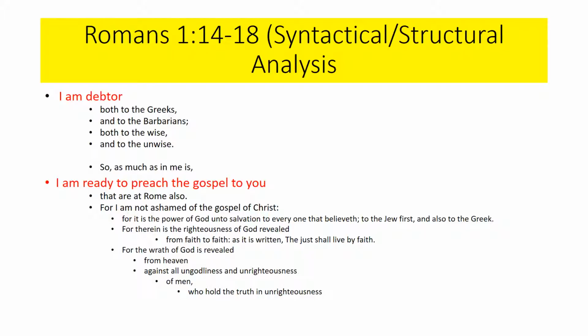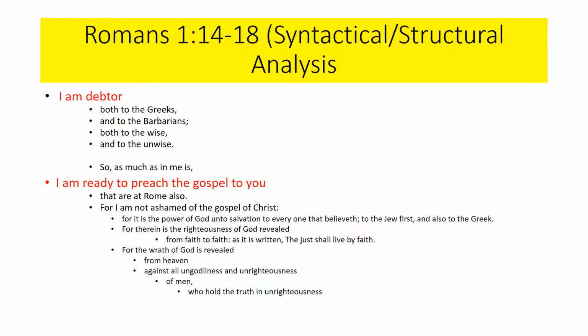But underneath that adverb clause are three other clauses that are telling why Paul's not ashamed. So Paul says, I am not ashamed of the gospel. Why? Paul says, for it is the power of God unto salvation to everyone that believeth, to the Jew first and also to the Greek.